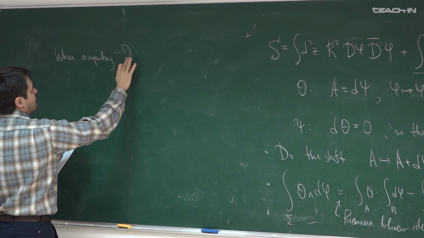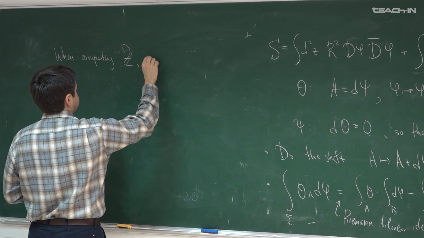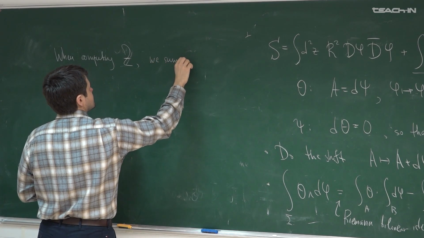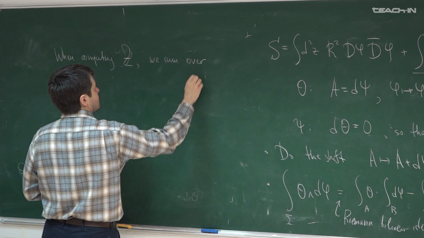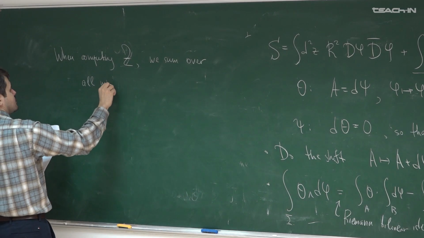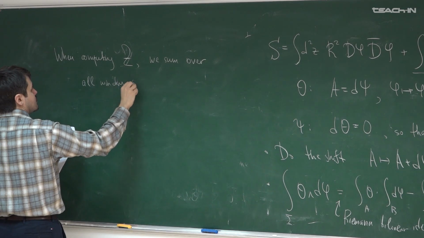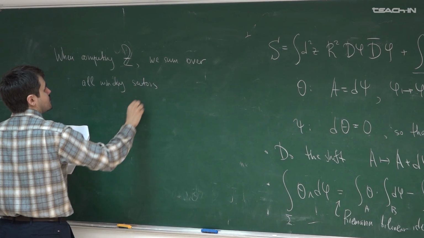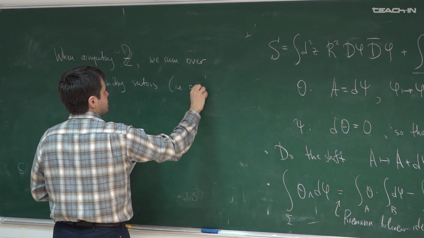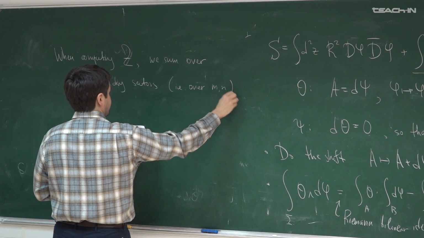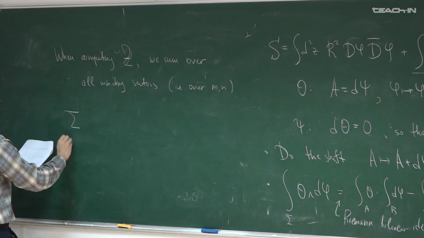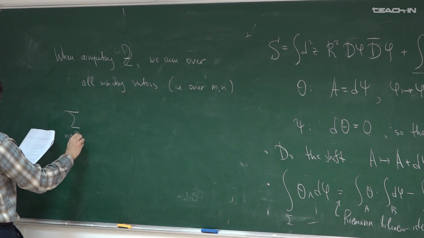Z over all winding sectors means that you have sums like this.